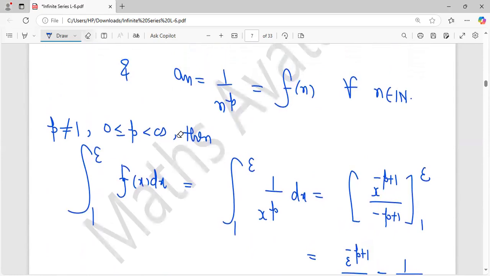We are taking this range actually. So you can say part A: I'm taking p in this range.